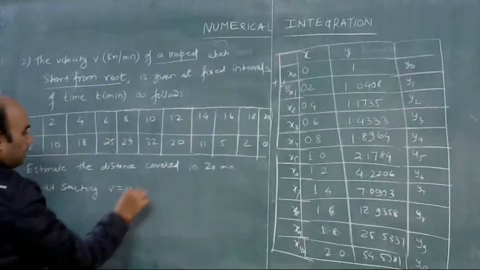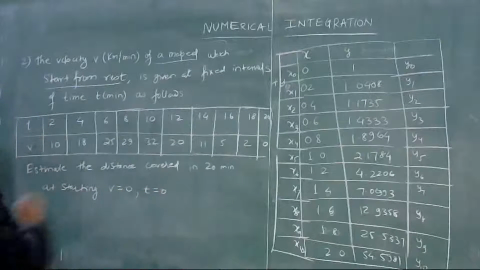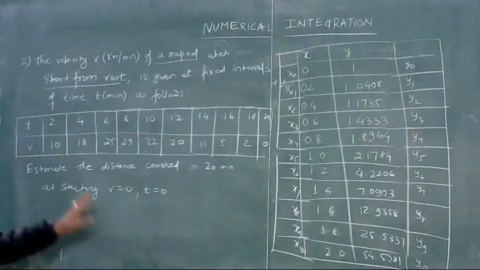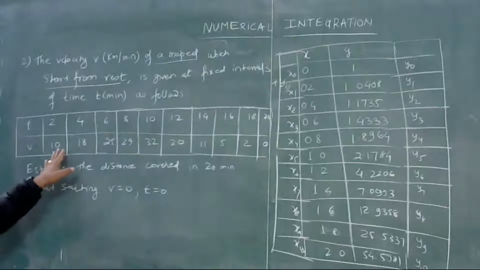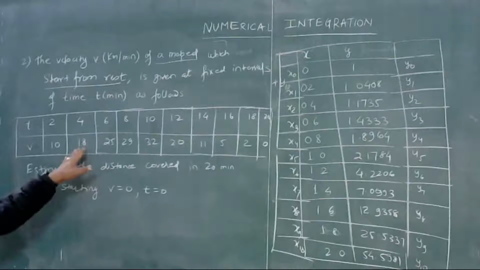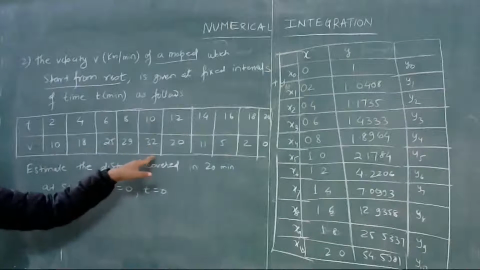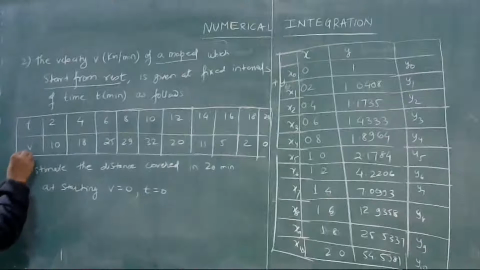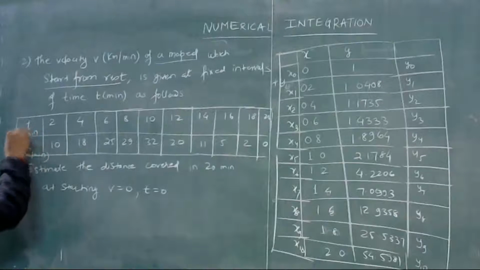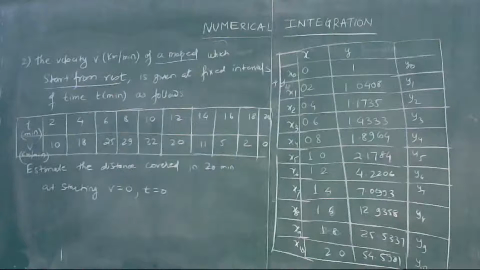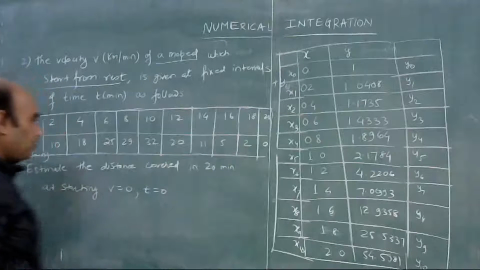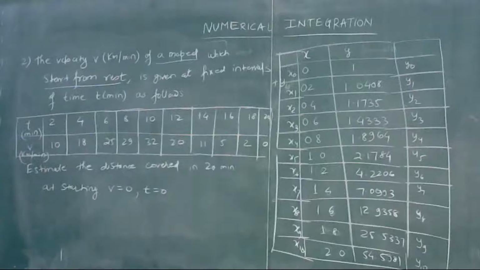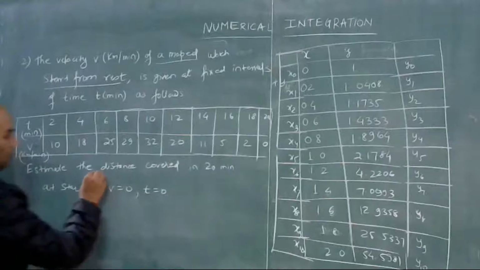That means it is starting at t is equal to 0, the velocity of this moped is 0, and then it is exerting: 10, 12, 18, 25, up to 32 kilometer per minute. And then there is a deceleration.